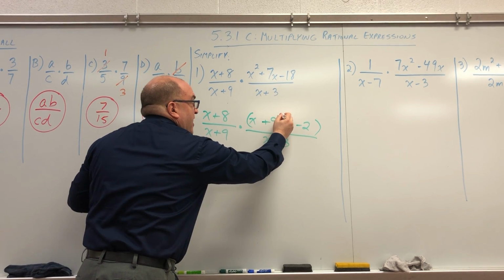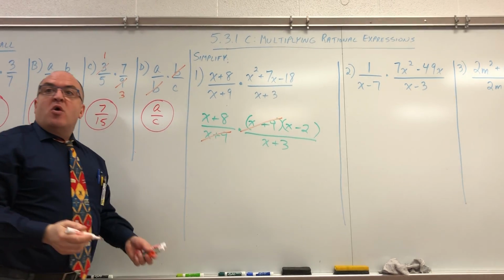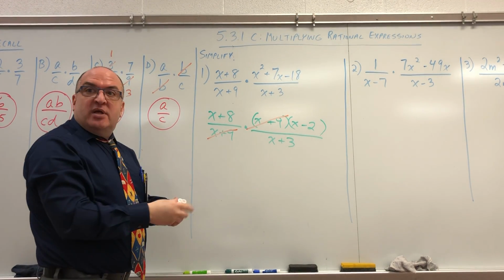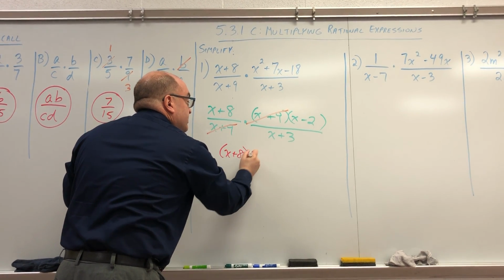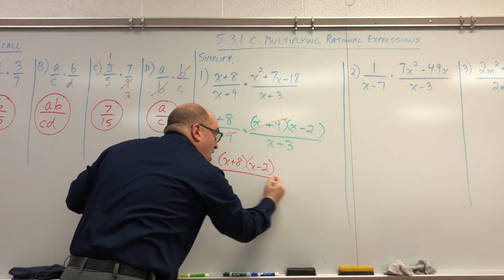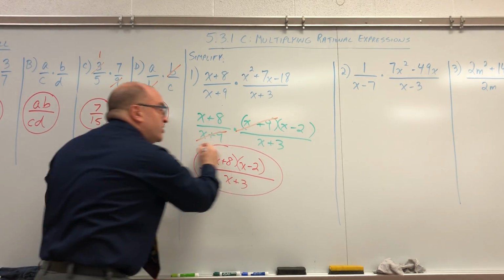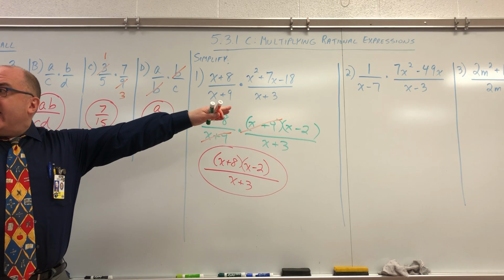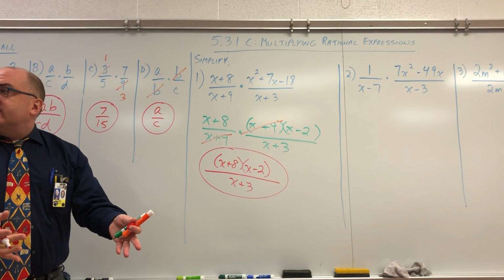The entire thing, with this x plus 9. What's left? X plus 8 times x minus 2 all over x plus 3. Done. There's no more that you do with that. All we're doing is factoring and canceling and writing out what's left.